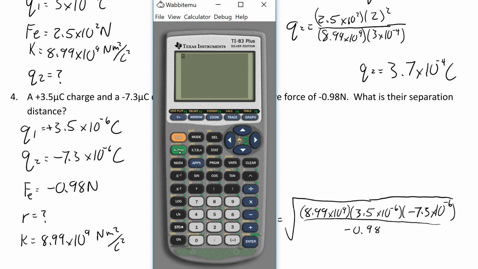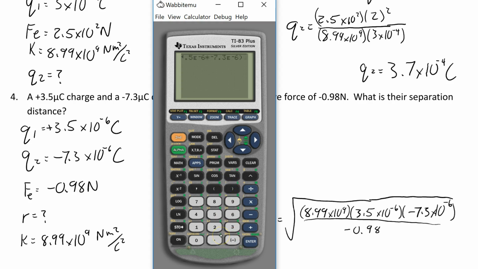So we're going to do the square root of, open parentheses for the numerator, 8.99 E9 times 3.5 E negative 6 times negative 7.3 E negative 6.